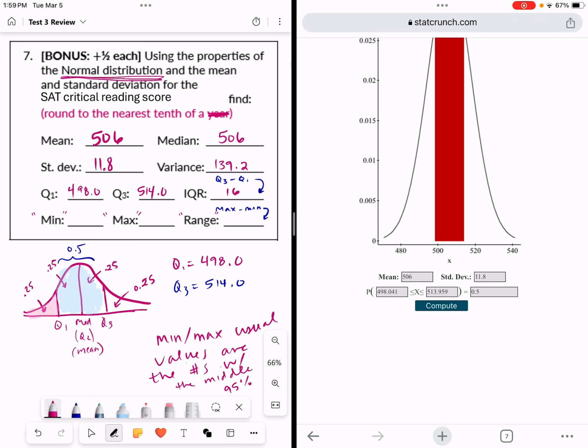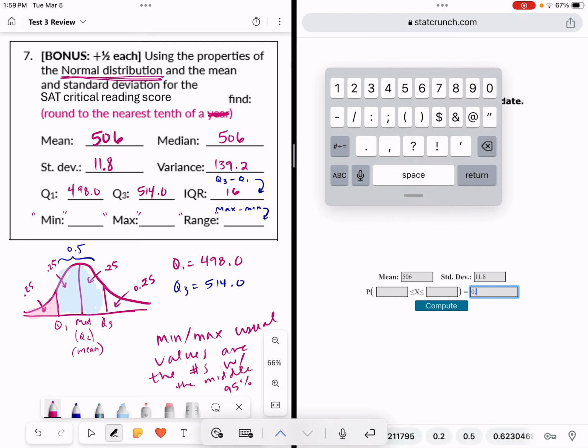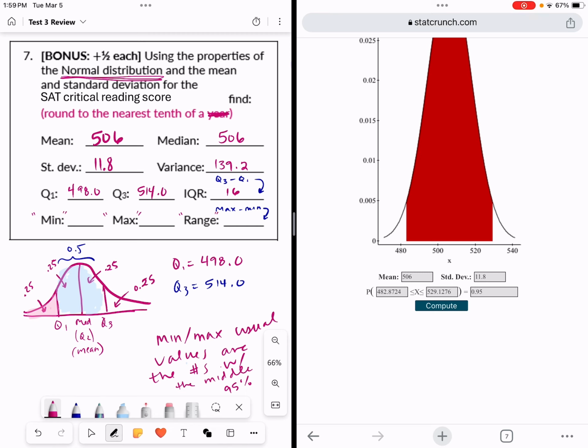So I can come over here again to StatCrunch, and instead of saying 0.5, I say 0.95. When I click compute, I get my min and max. So 482.9, which rounds up to a 9, and then 529.1. And then when I subtract those two, 529.1 minus 482.9, I get 46.2.